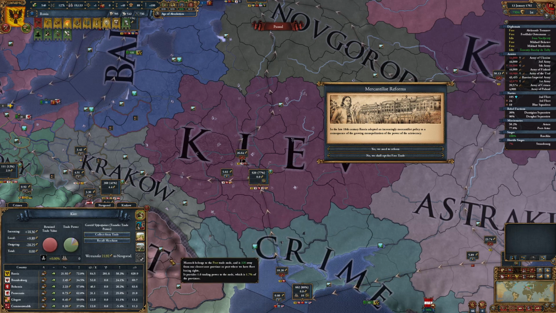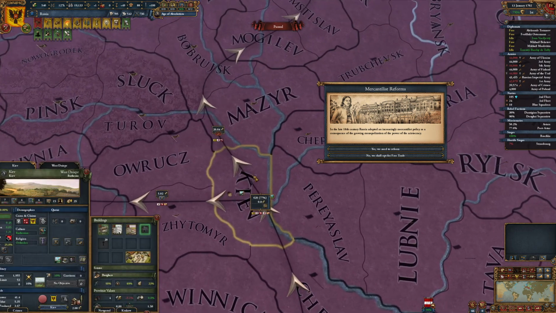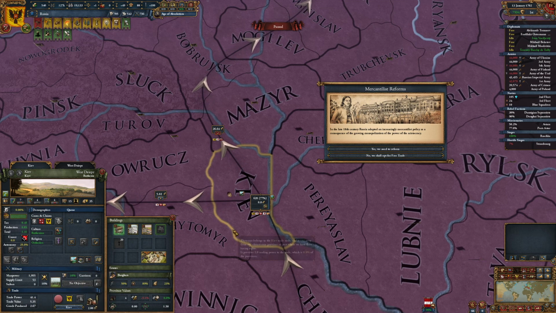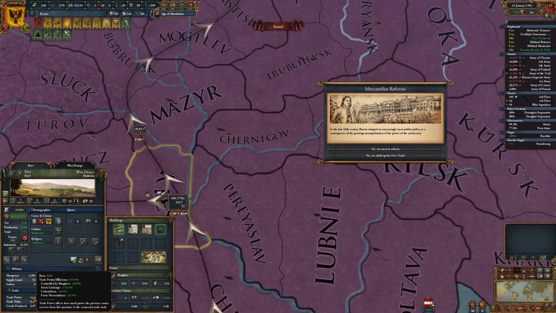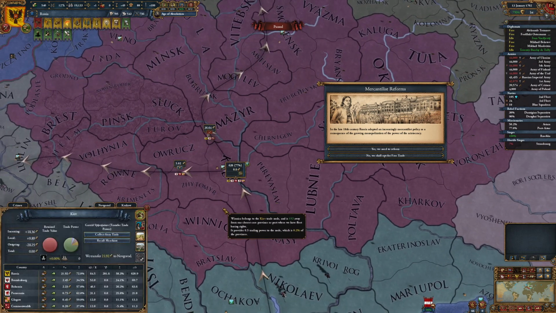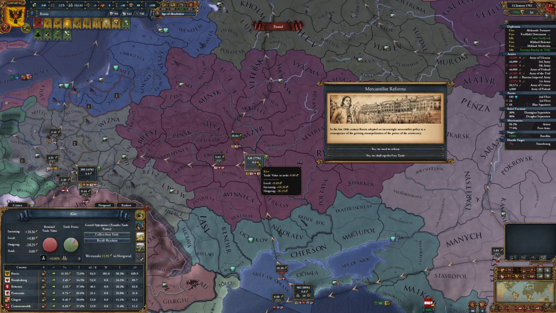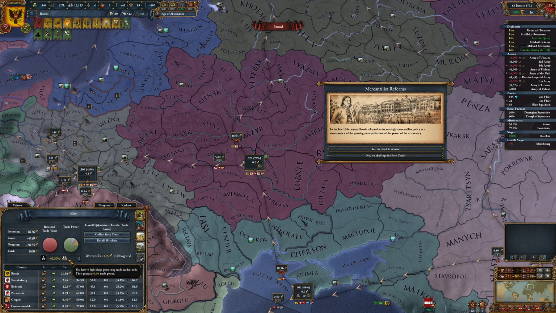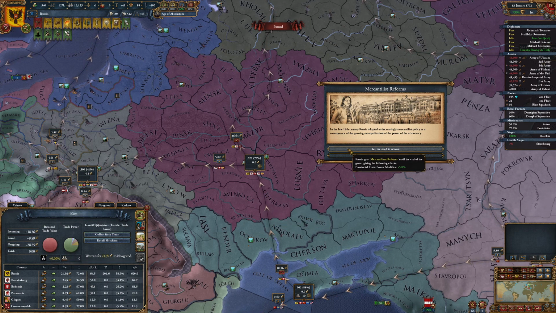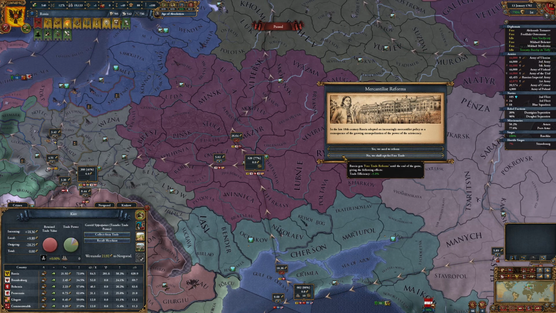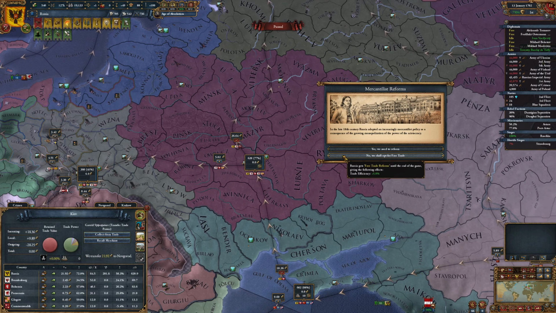For example, Kiev has a trade power of 41.4. That is going to be increased by 5%, and that means every single province in the Kiev trade node is going to have their trade value increased by 5%. And that might actually make us more money than if we did a trade efficiency.